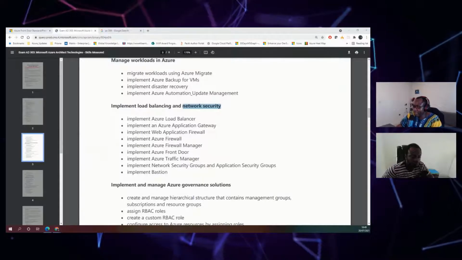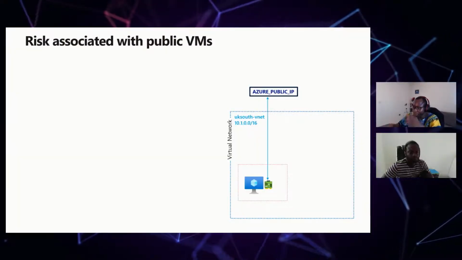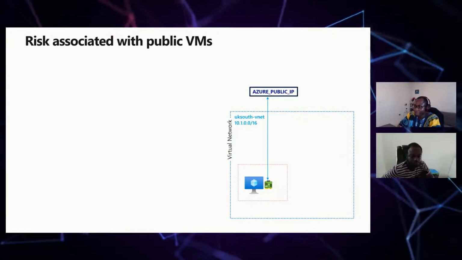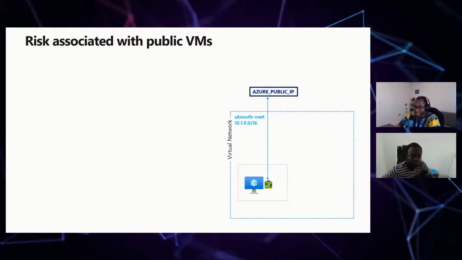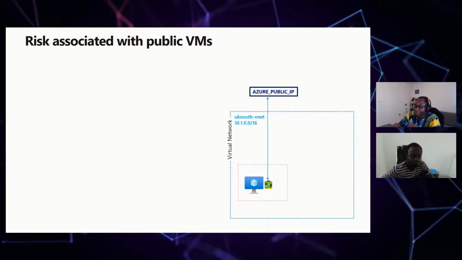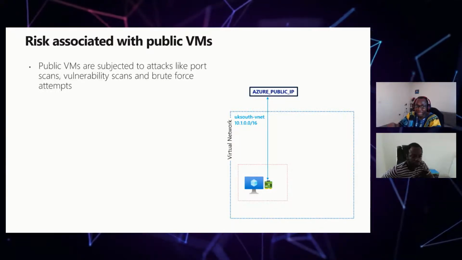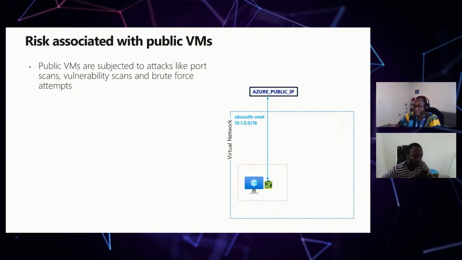So what's the issue that we're trying to solve with Azure Bastion? There is a risk associated with public virtual machine instances. You have a virtual machine instance that has a public IP address. One of the risks is that it's going to be scanned, for sure.